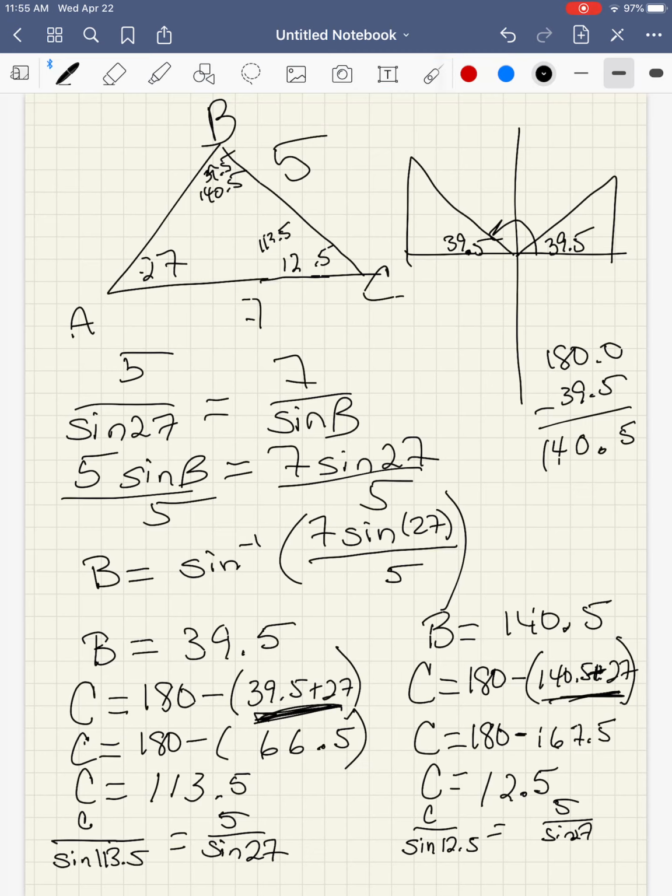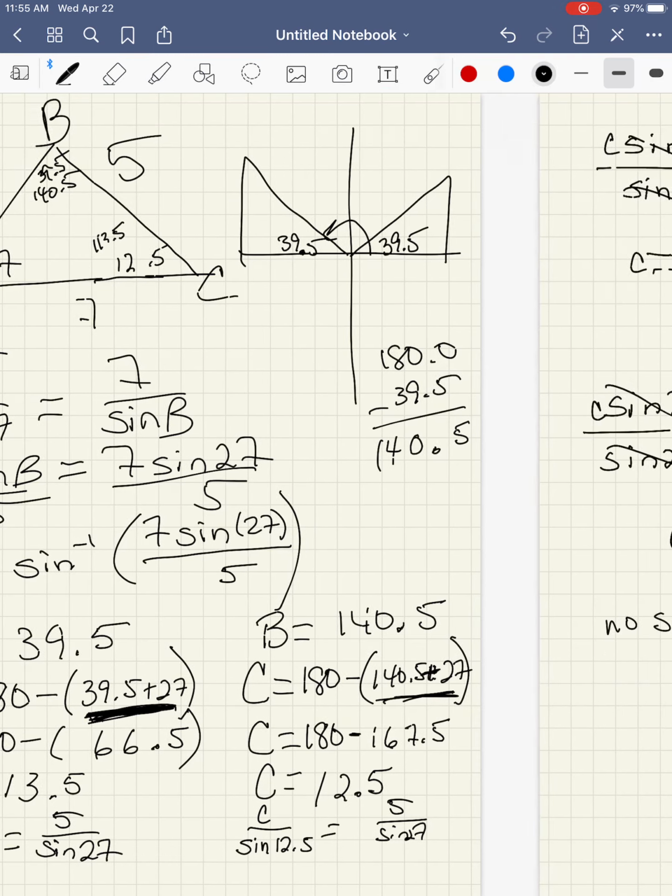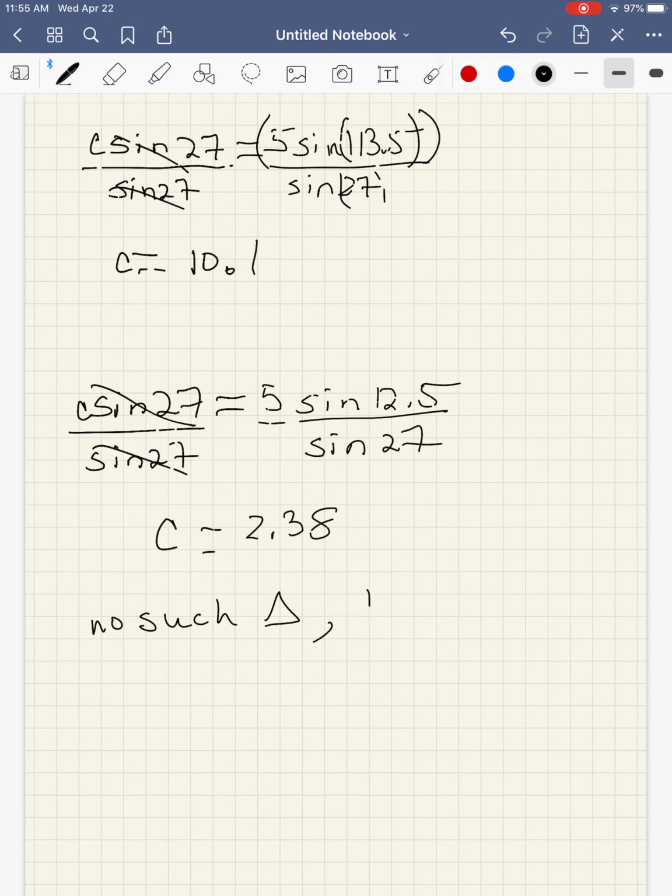If the sum of these two angles is more than 180, then you're not going to have a third angle, which means you're only going to have one possible triangle, all right? But you do have those possibilities, one triangle or two triangles. That's why it's called the ambiguous case.